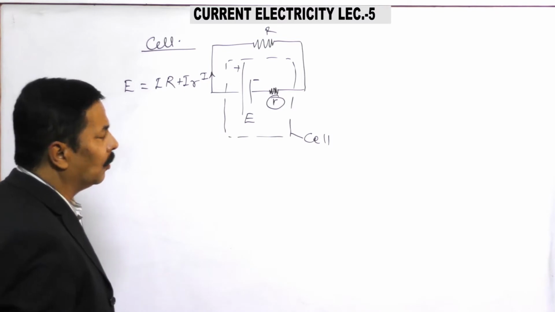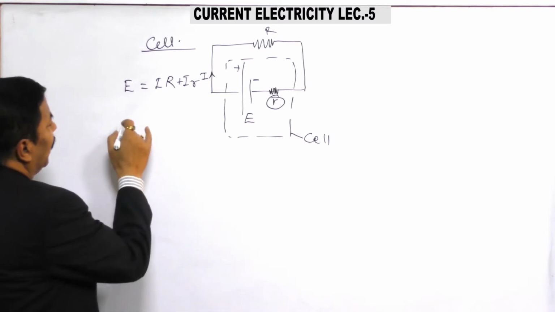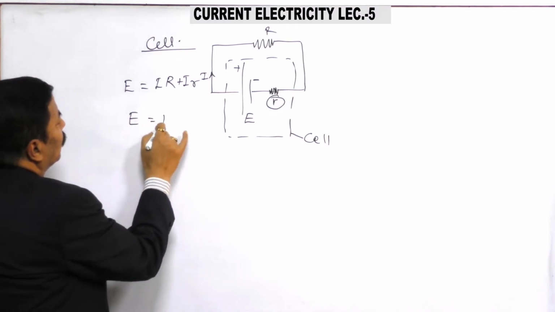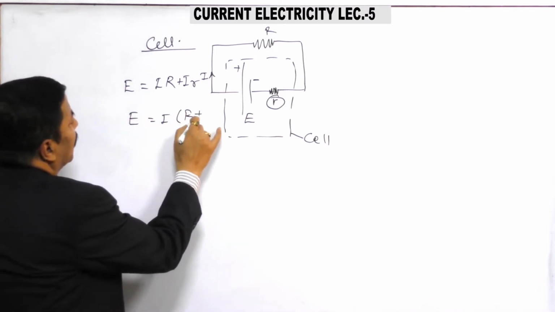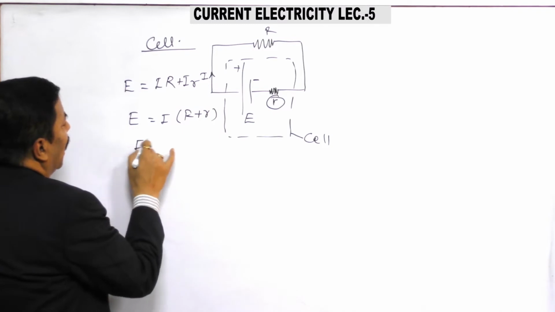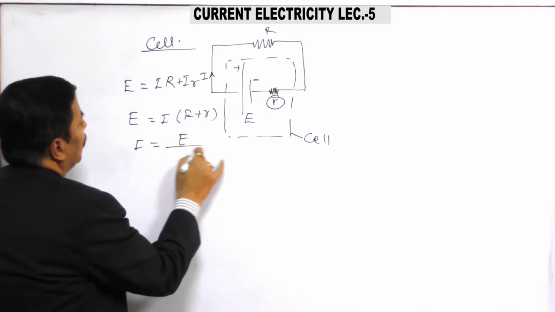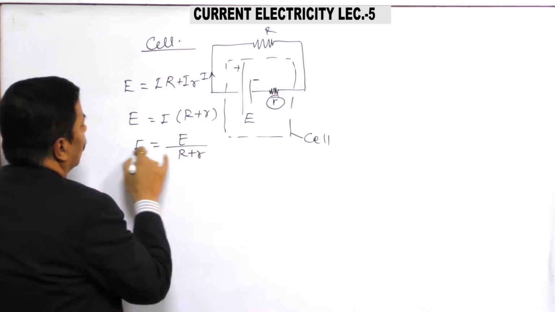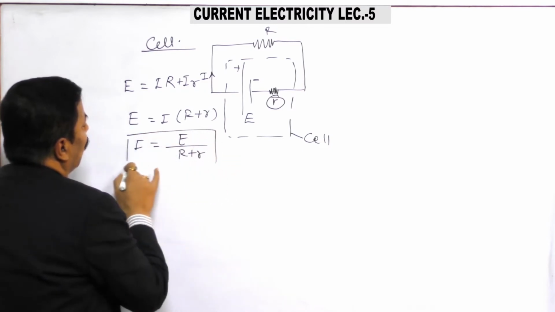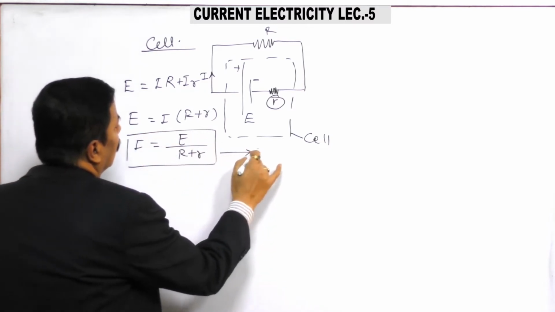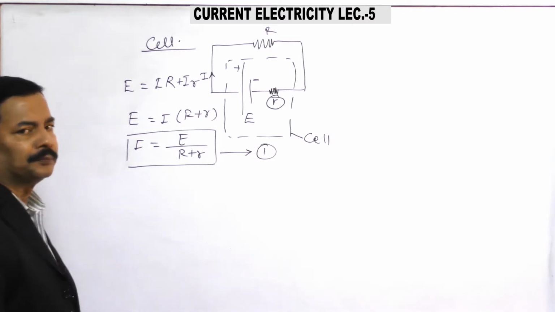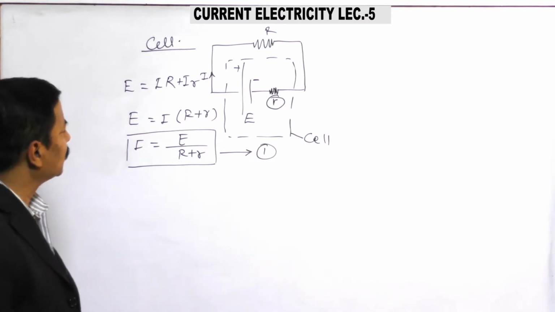So we get E is equal to I(R plus r). So current I is equal to E by (R plus r). This is a very useful formula that you should remember, very helpful in solving numericals.